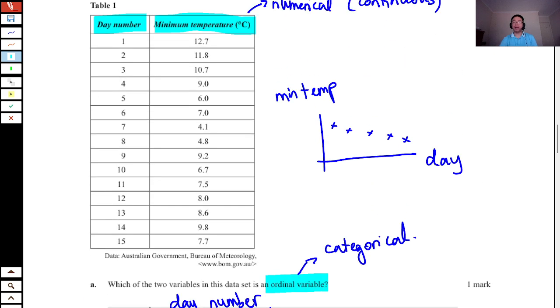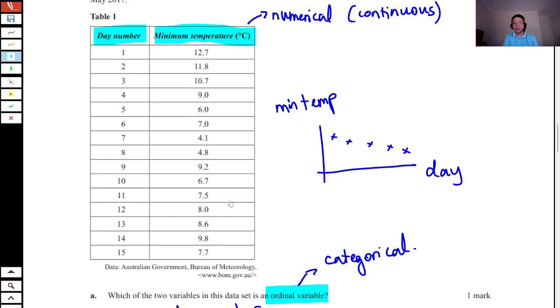So, if I turned this table and drew this graph, fit a trend line and all that, which you might have done in year 11, the assumption would be that day is a numerical variable. But without further information, it doesn't really make sense to add up the day numbers or to average the day numbers with the table alone, unless I'm told something else.